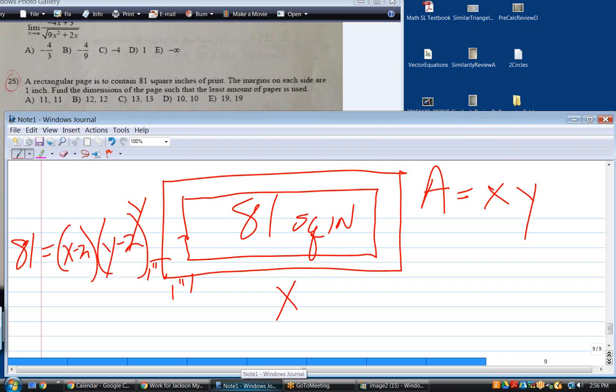Correct. So there's our second equation. Now, what we're going to do is solve this for y and substitute it into that. And then we're going to be able to take the derivative of it, set it equal to 0, and solve for what value of x works.